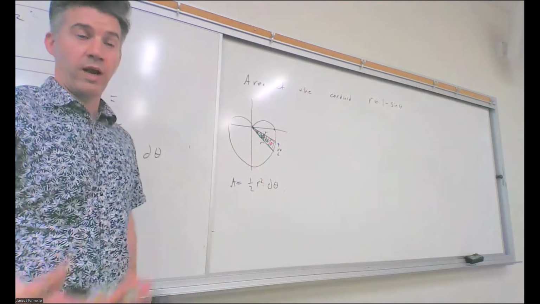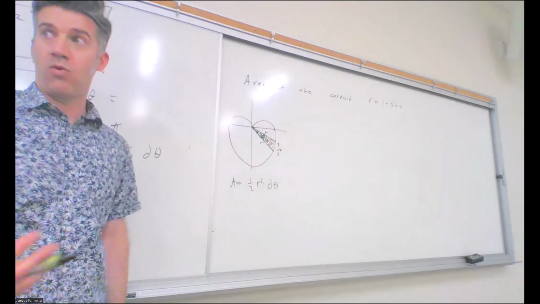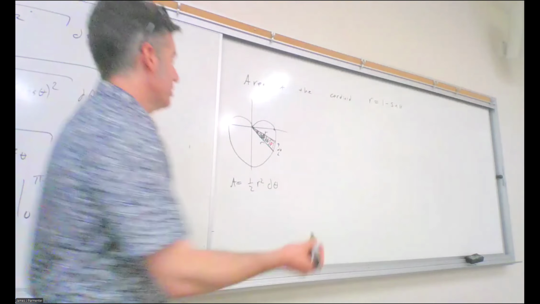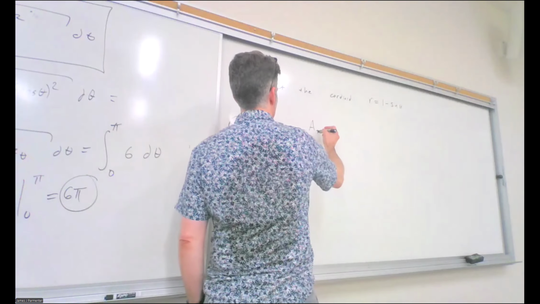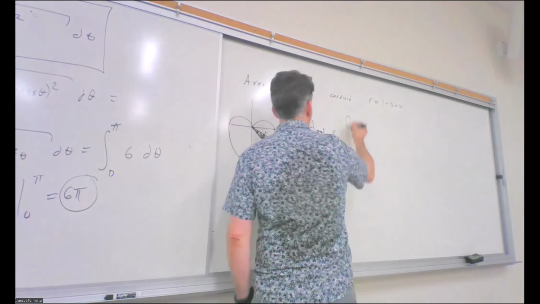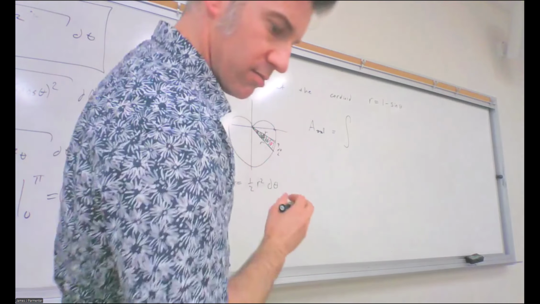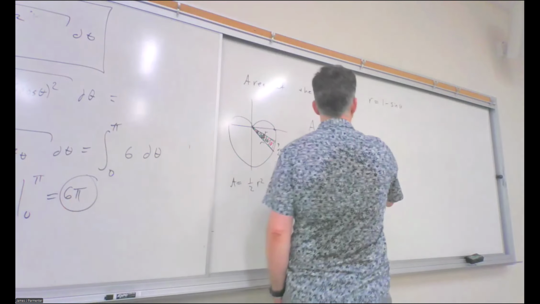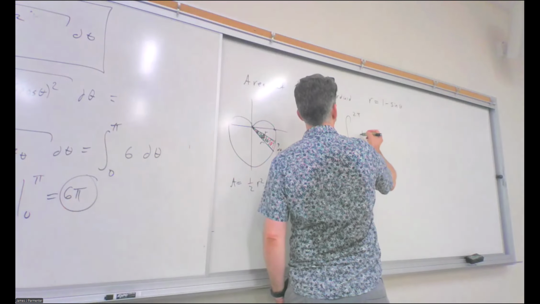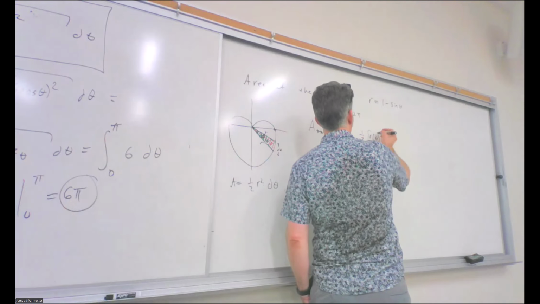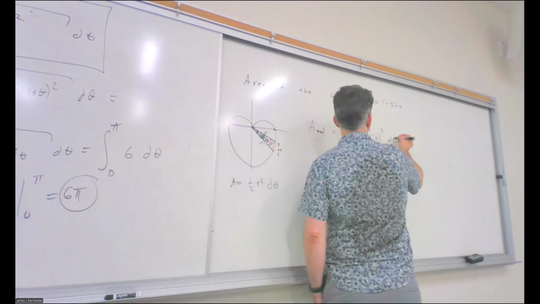And then to find the total area of the cardioid, we're going to quote unquote add up all the areas by integrating. So the total area is going to be the integral from 0 to 2 pi of 1/2 r as a function of theta squared d theta.